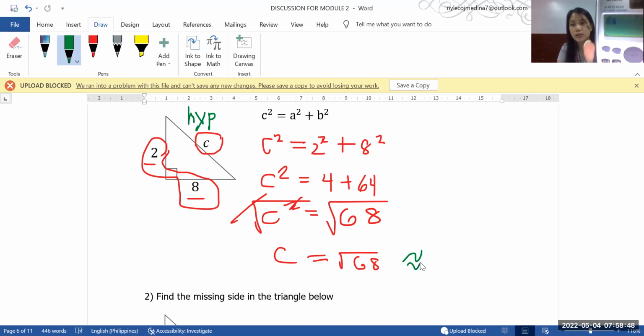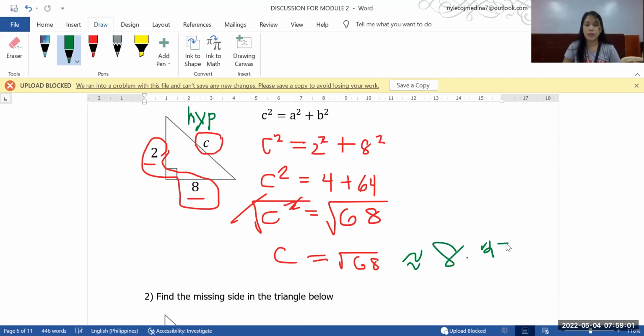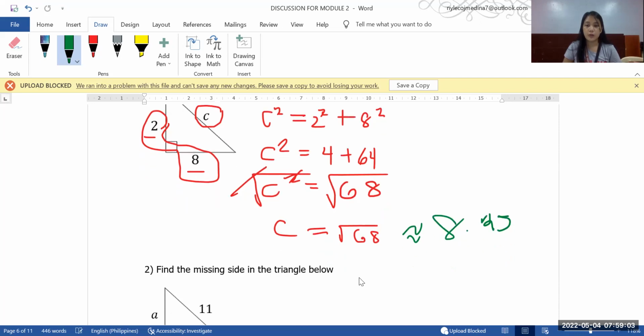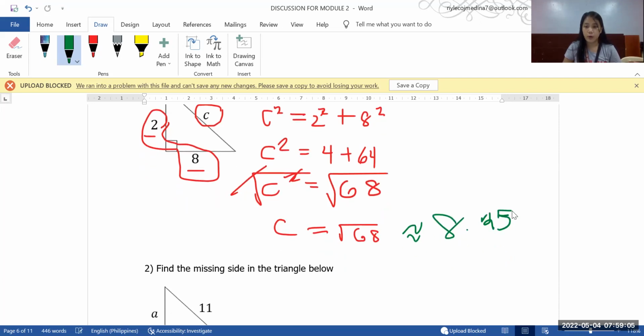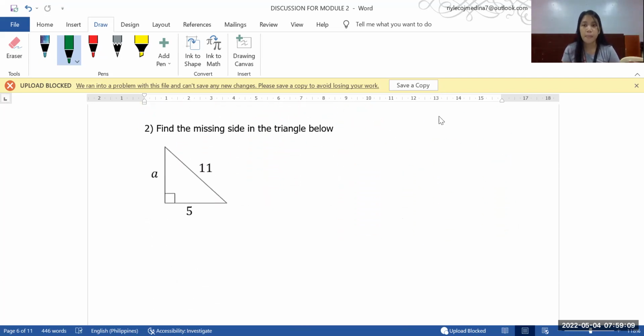So, pwede mo pang i-simplify. Agbalin nga 2 square root of 17 or 8.25. That's the value ni C, 8.25.